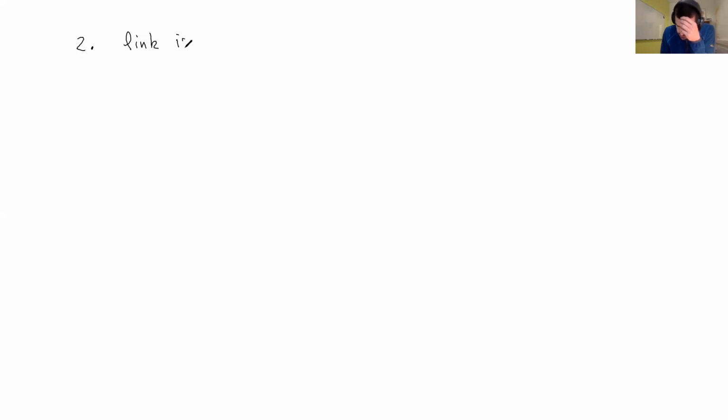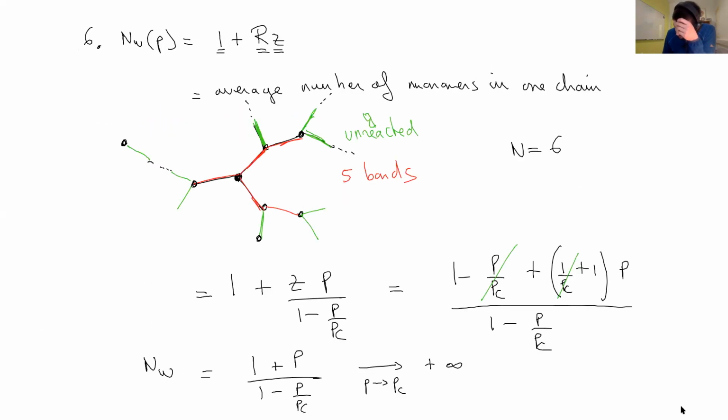A link is either a bond, that's a new definition of link if you want, or an unreacted group. So with this terminology, this is a link. This is a link. So 1, 2, 3, 4, 5, 6, 7, 8, 9, 10, 11, 12, 13.